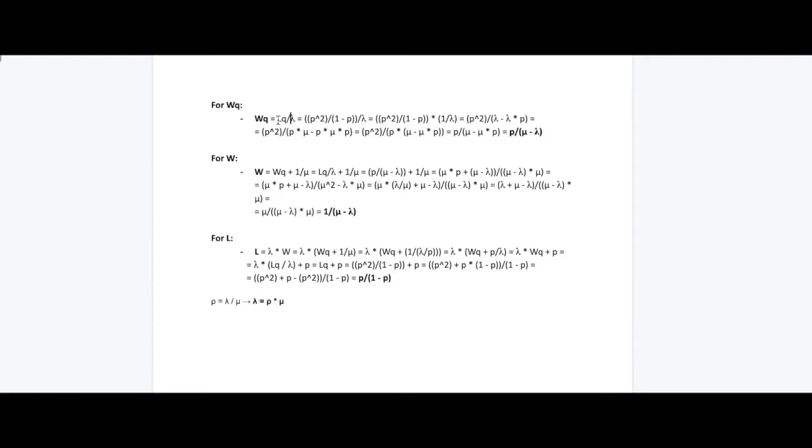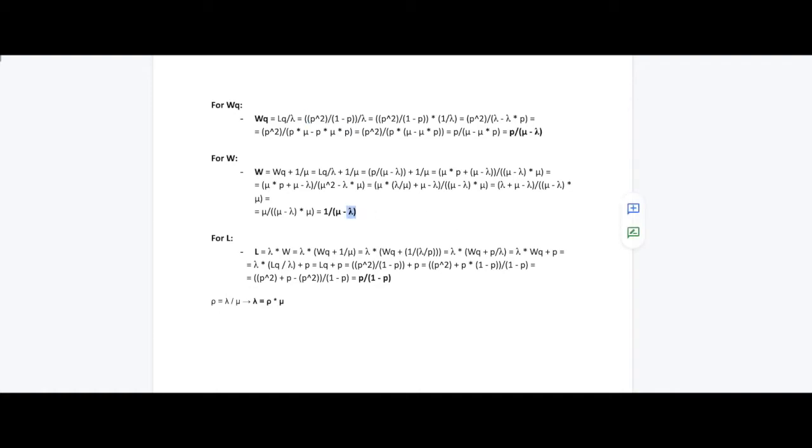So for example, the wait time is the instances in queue divided by the arrival rate. So we open the instances in queue, we do some basic mathematics, and using this formula also we replace things, and we do the same for system time.